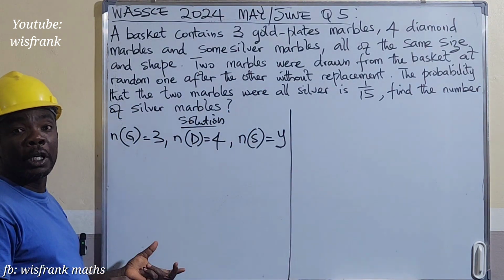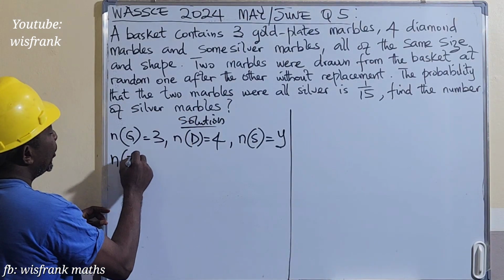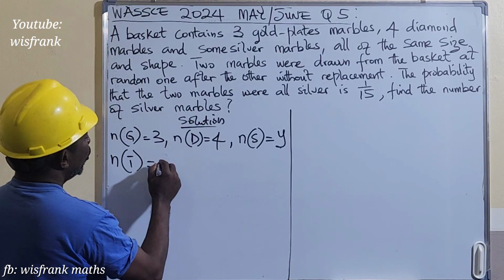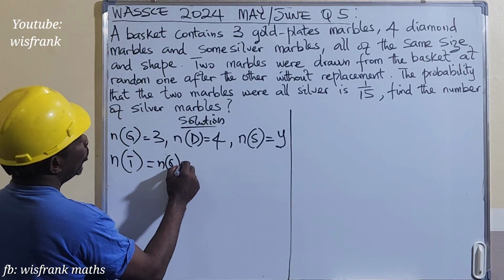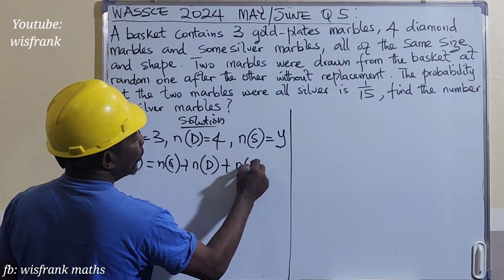The total number of marbles inside the basket we call N. The total number of marbles is the number of gold plus the number of diamond plus the number of silver.